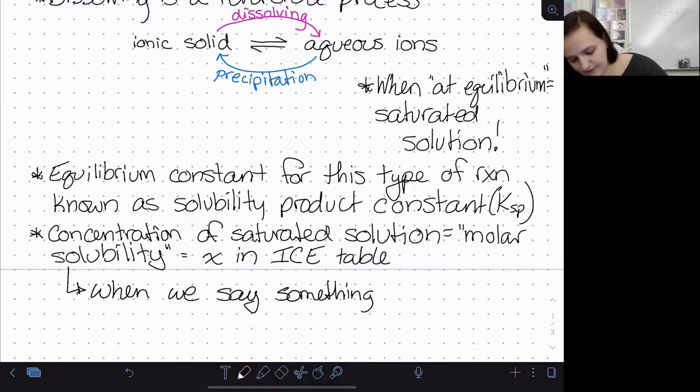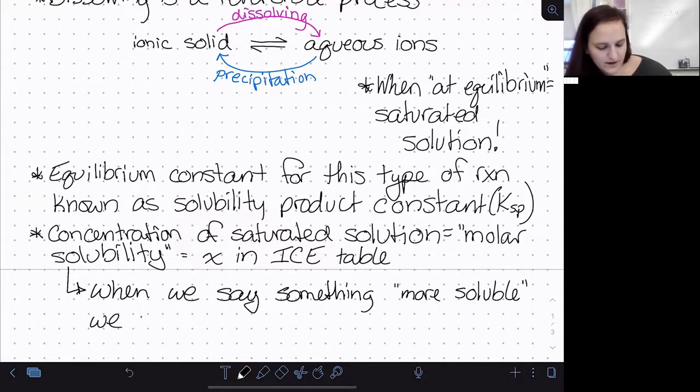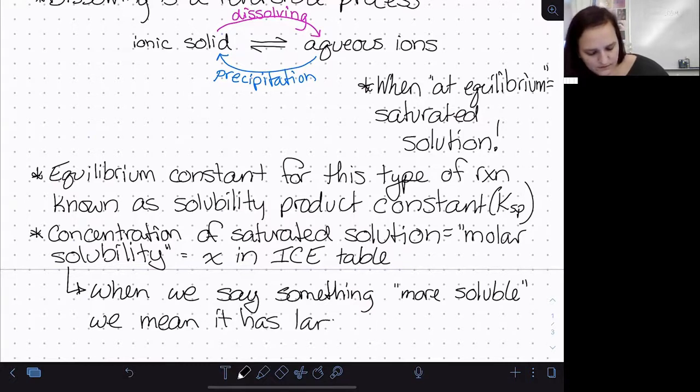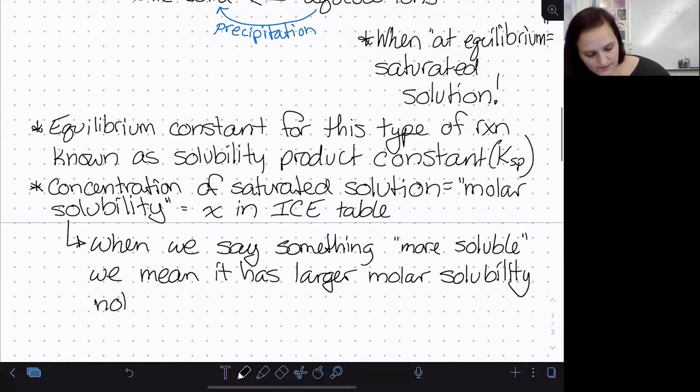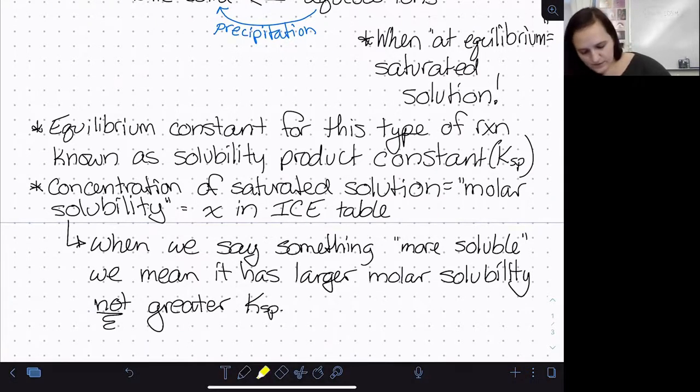When we say something is more soluble, we mean it has a higher molar solubility, not a greater KSP. Sometimes they go hand in hand, but not necessarily. So let's highlight this: more soluble means larger molar solubility.